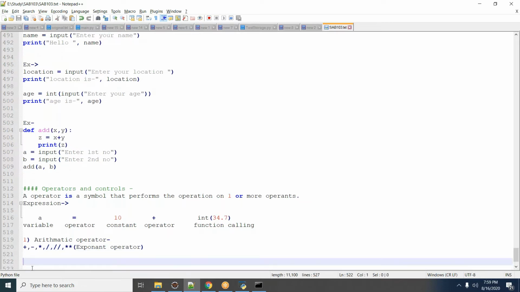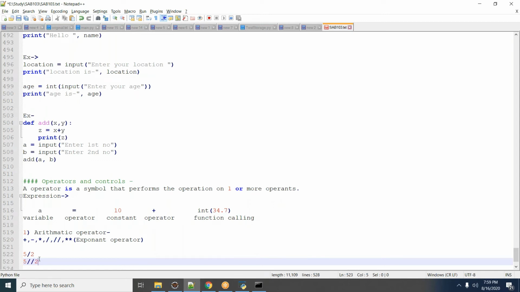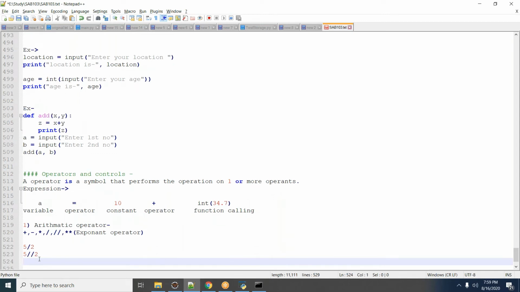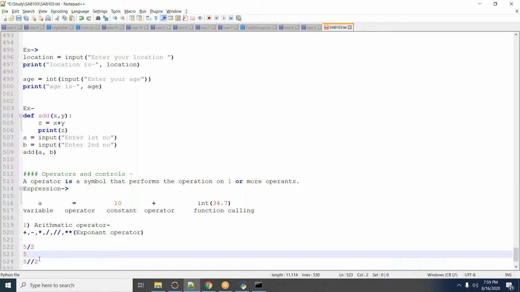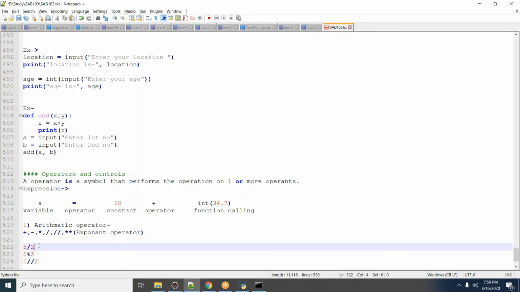Okay, great. So now first we will be discussing divide. We have 5 by 2, 5 double slash 2, and before that we have 5 percent 2. We have these three. The output of 5 by 2 in many programming languages will be 2.